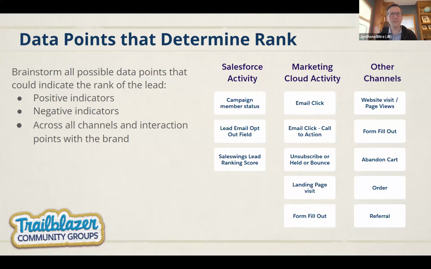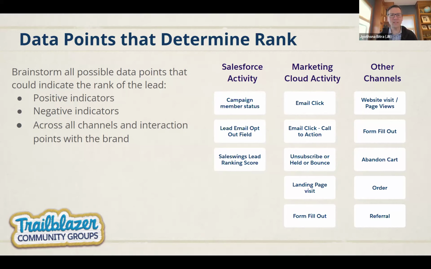You'd want to consider positive and negative indicators: what might make someone more qualified, a higher rank, and what might make them less qualified. Then look across all of the interaction points, all of those criteria across all those different channels, that might help you indicate that lead's ranking. So, a couple of examples that we'll go over today.